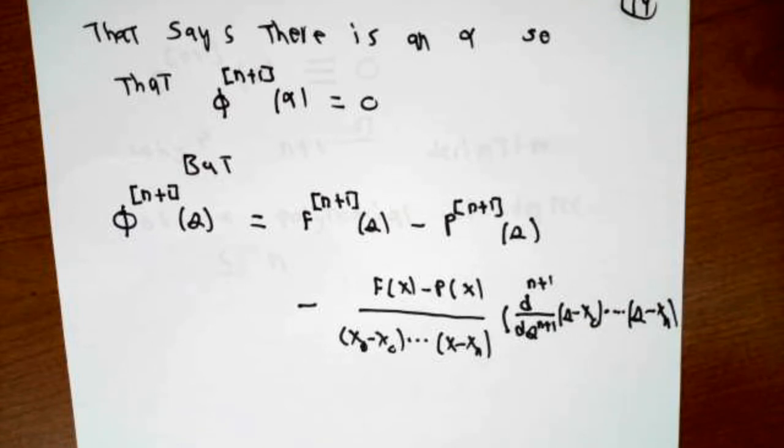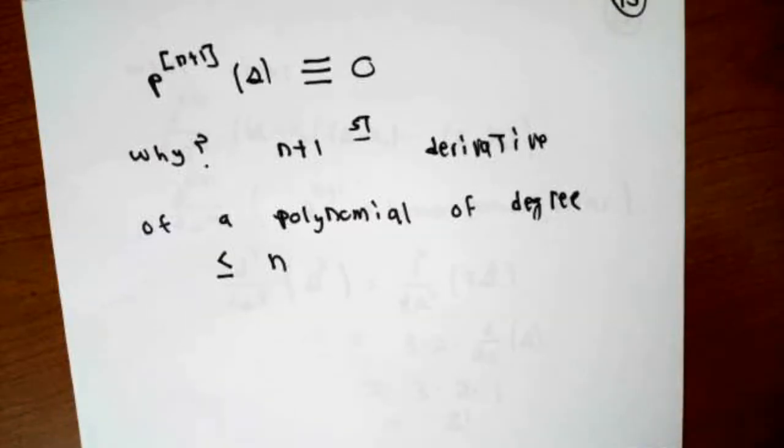I'm taking the n plus first derivative of a polynomial in terms of s that's of degree exactly n plus 1. In the preceding formula, you had the n plus first derivative of p evaluated at some s, but that's 0.